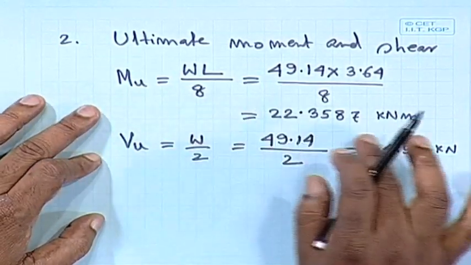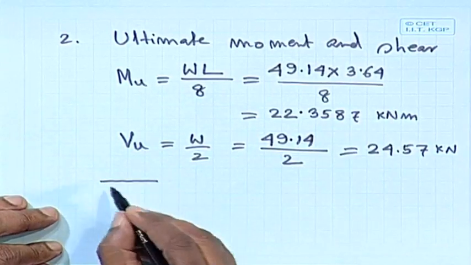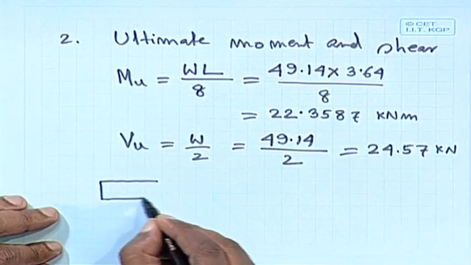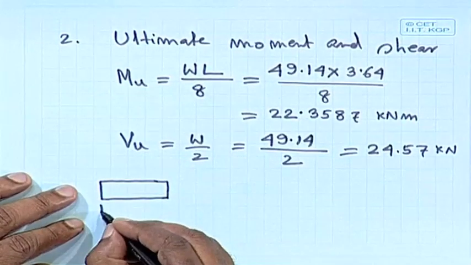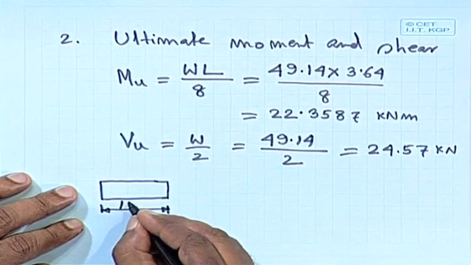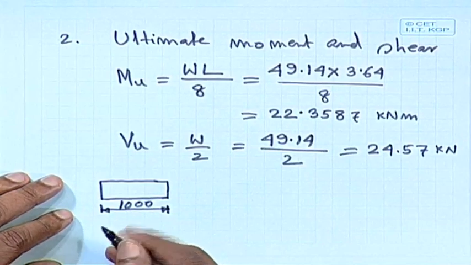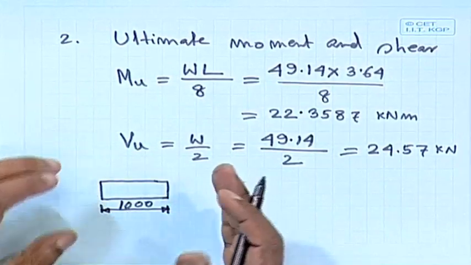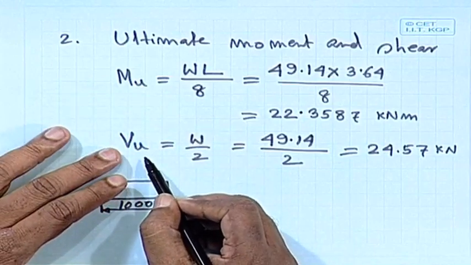Now, we know what we shall do. We shall take a rectangular beam with a width of 1000 millimeter, and solve this problem taking that MU and VU.